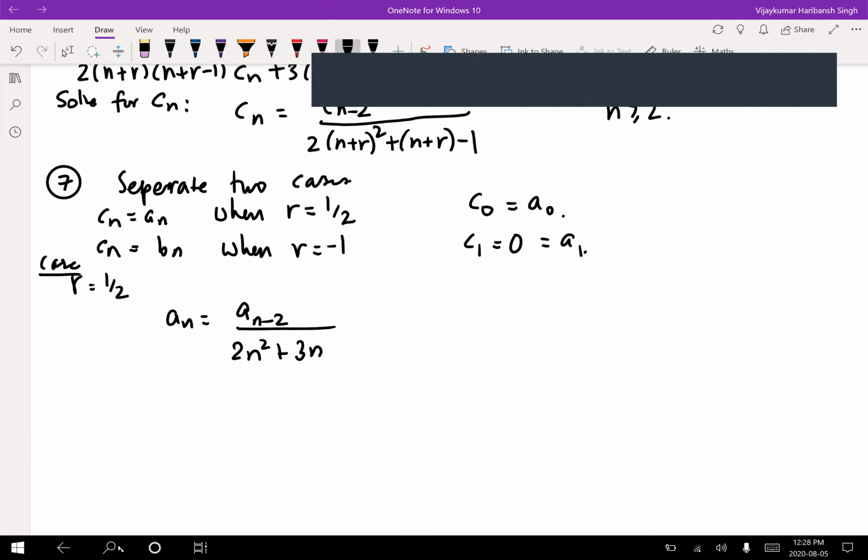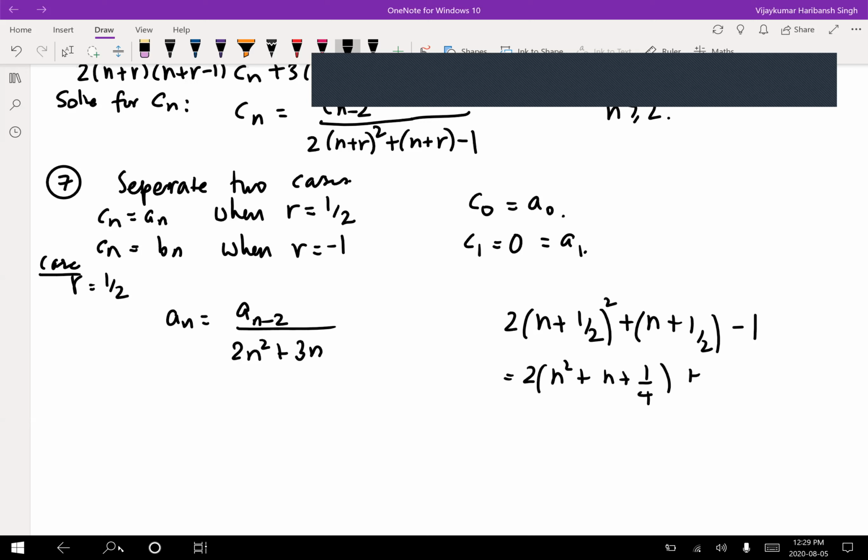Let's look at the denominator: 2(n plus half) squared plus n plus half minus 1, which is 2n squared plus n plus 1 by 4 plus n plus half minus 1.